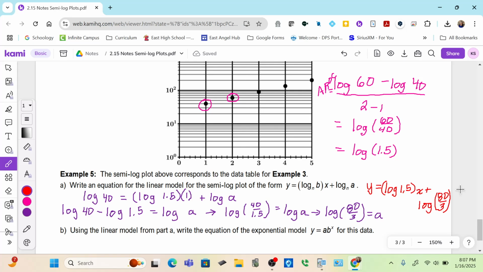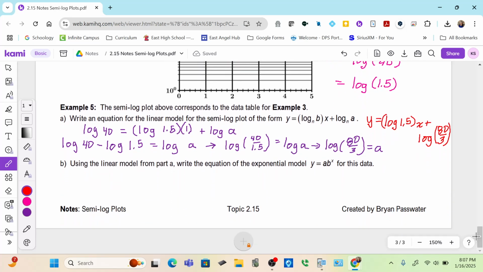Now I can use the a and b from that semi-log plot to complete part b, which is writing it as an exponential model. As an exponential model, we're going to have y equals, remember the a value is the y-intercept, so it's going to be 80 thirds.